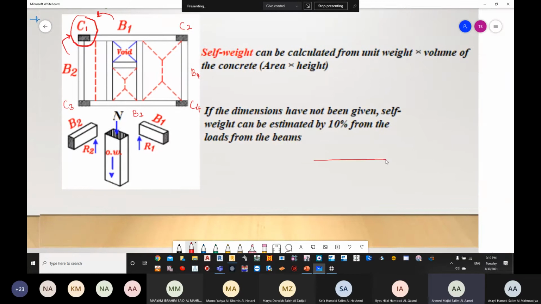So we have this is my beam, there is a column here. This is my B1, this is my C2, and this is my C1. Now half of the loading, whatever loading is there, half of the loading here is going to go here if it's simply supported, which is going to be representing the reaction of beam number 1.